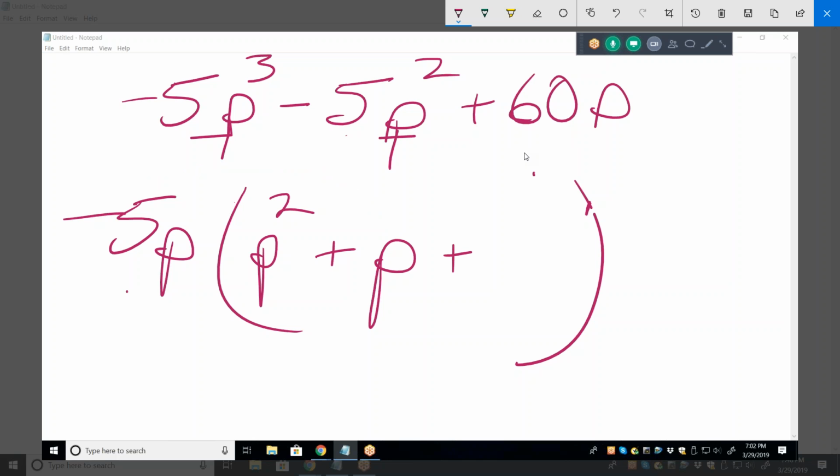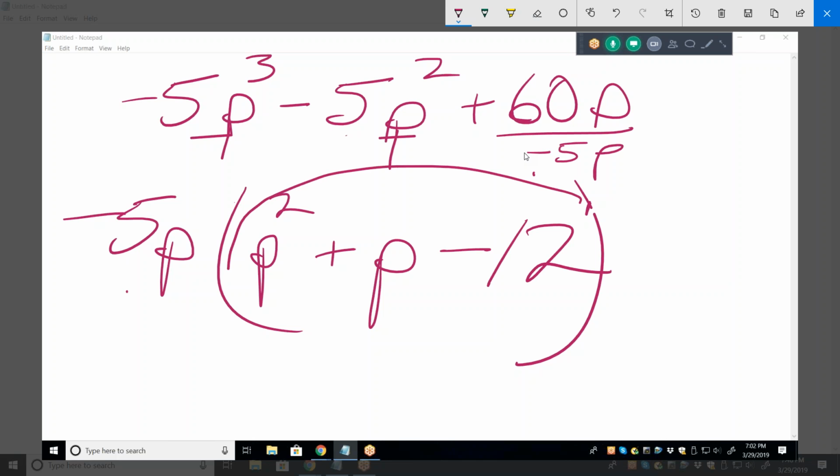Plus. It's actually not plus. I tricked you accidentally. I made a mistake. Remember, we're dividing that by minus 5p. What do you get? Negative 12. Now, look what we got. We got us a nice, easy quadratic.